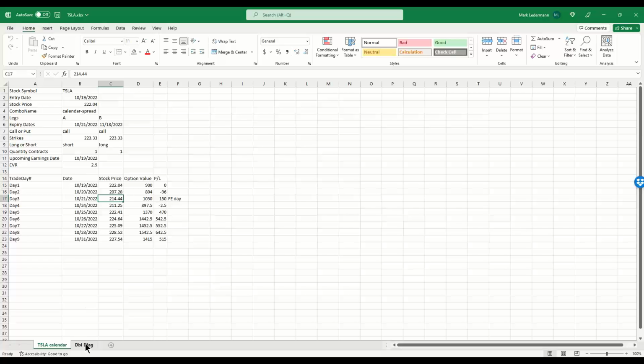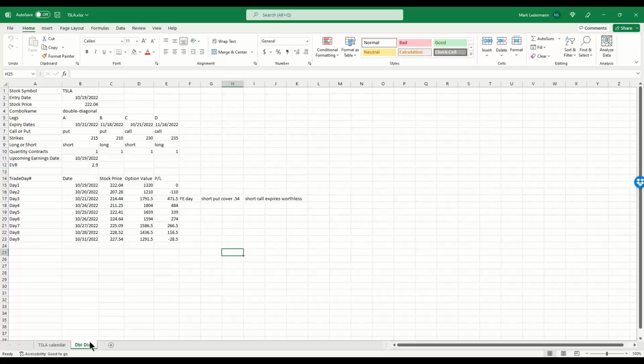The double diagonal uses 4 strikes. The double diagonal is slightly different than a calendar, and the idea of the double diagonal is to create a wider profit window than the simple at the money calendar.